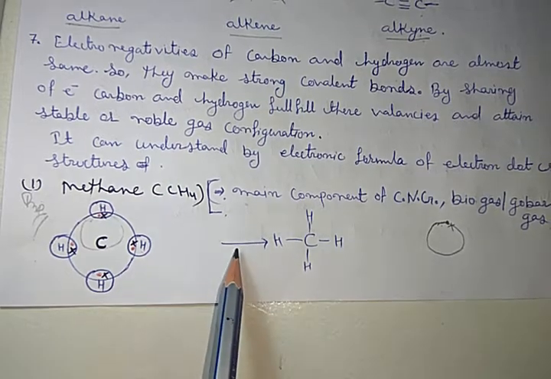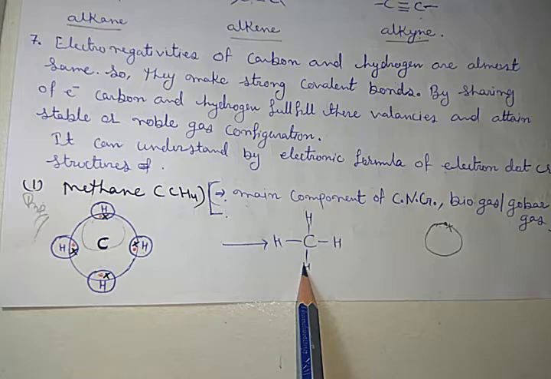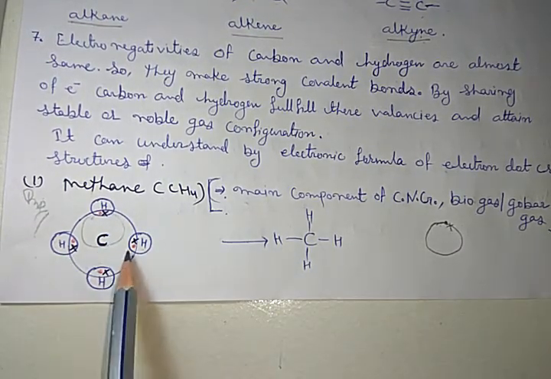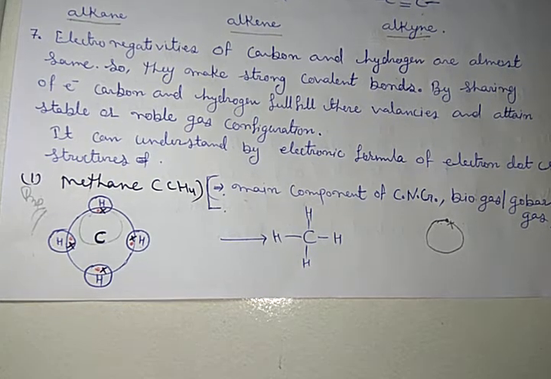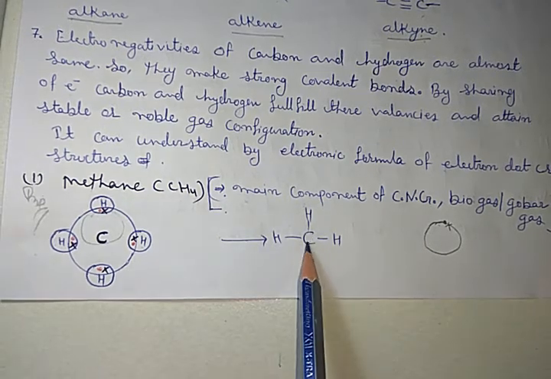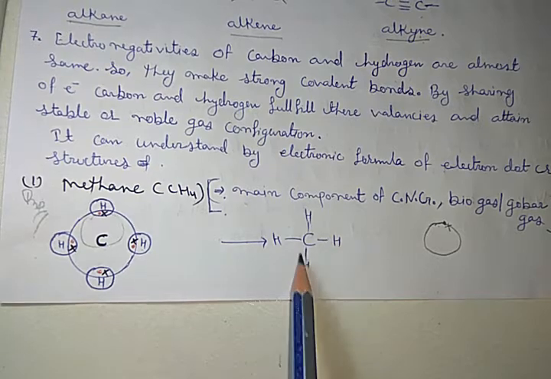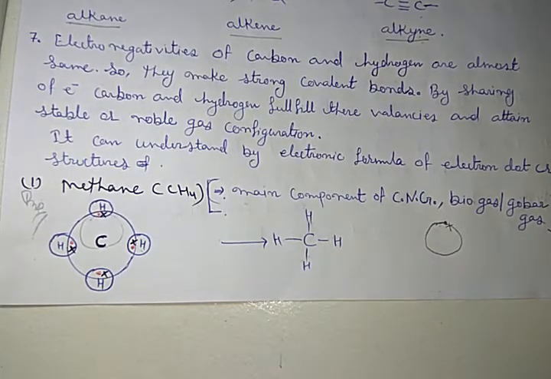Now, if we make its structure formula, that is electronic formula, and that is its structure formula, then since they are sharing one electron, and sharing of one electron makes a single bond, there carbon combines and makes 4 single bonds with 4 hydrogen atoms. Got it?